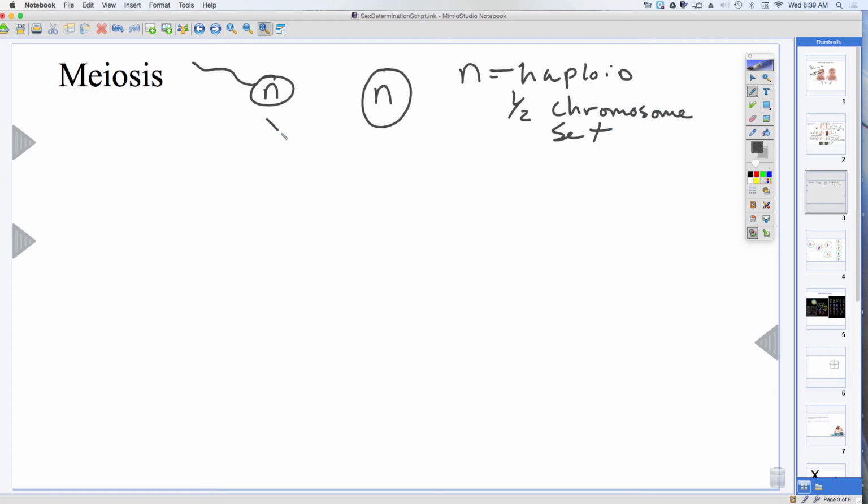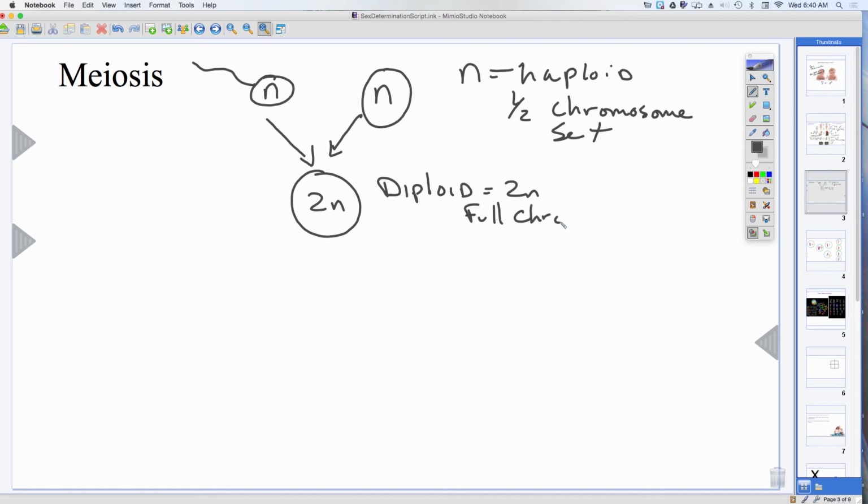And so when an N sperm fuses with an N egg, we produce a 2N cell. That 2N cell is diploid, and that is a full chromosome set. That is, every chromosome is paired.